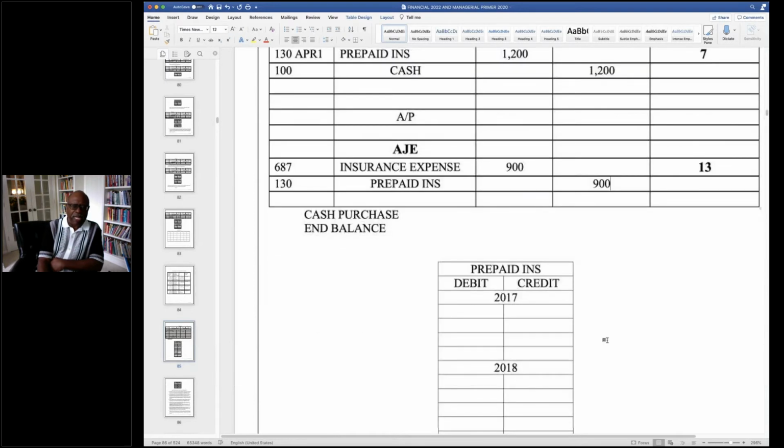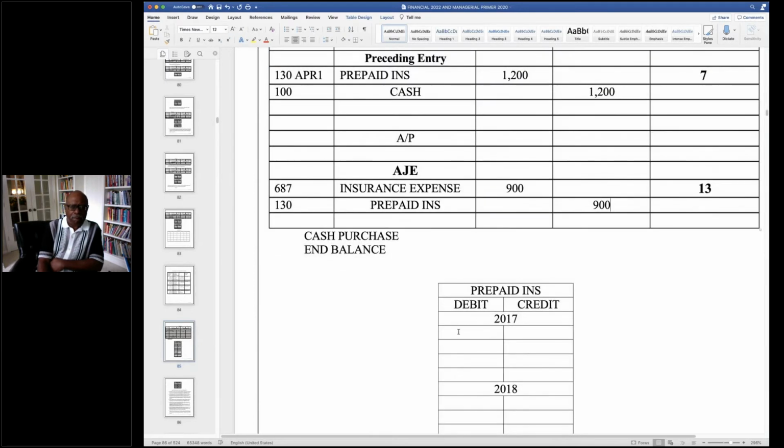So let's see how that looks. Prepaid insurance starts off at $1,200. And we make an adjusted entry for 900. So at the end of the year, we got 300.